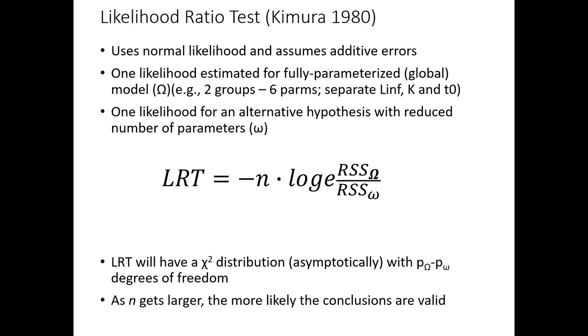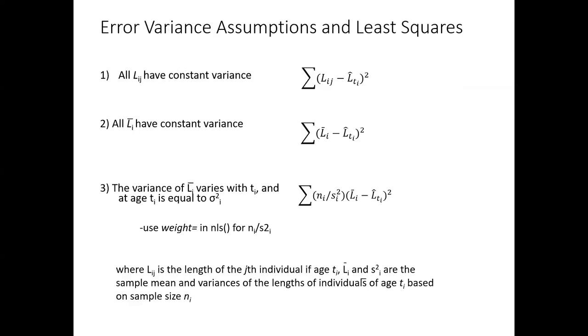That will be the degrees of freedom, and you can test whether those are significant. If they're not significant, let's say in our case the RSS omega and RSS W are pretty close, then you won't get significant results. That means the alternative hypothesis is actually the better model, since the full model's residual sums of squares didn't really change. That's how I would use that.